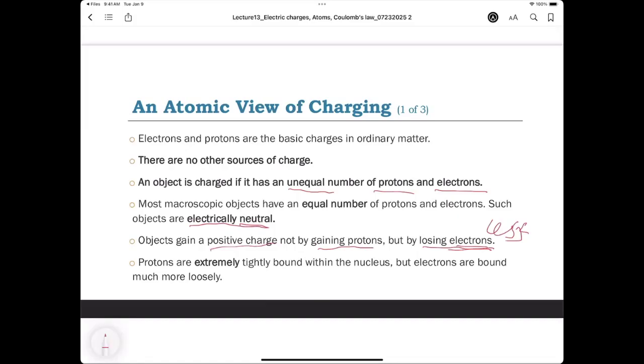Protons are extremely tightly bound within the nucleus, but electrons are bound much more loosely. Which means it's usually easy for an object to lose electrons, because protons are extremely tightly bound with the nucleons.